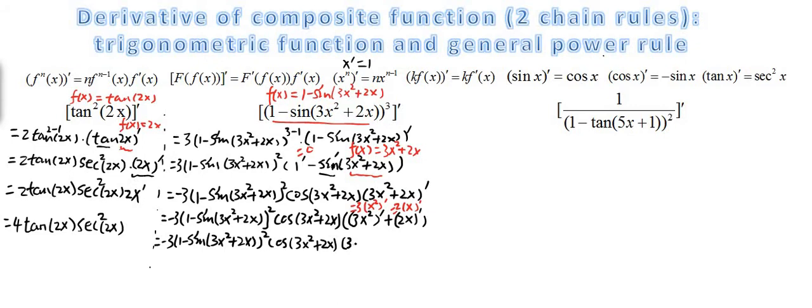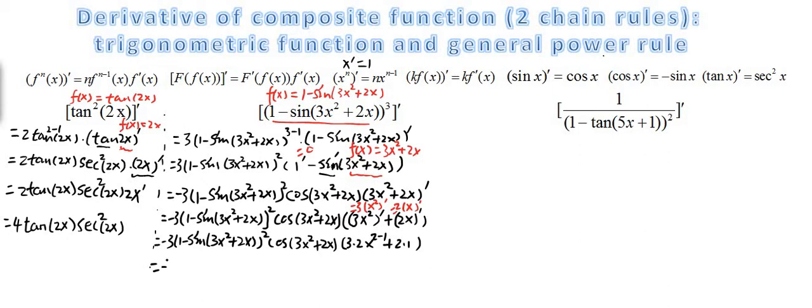So 3 times 2 x to the power 2 minus 1 plus 2 times x prime. Okay, x prime should be 1, so 2 times 1.